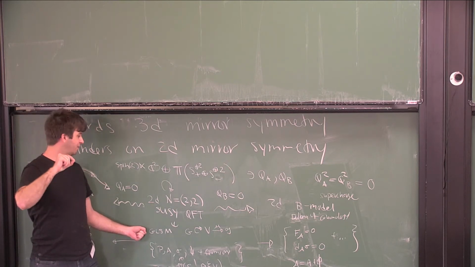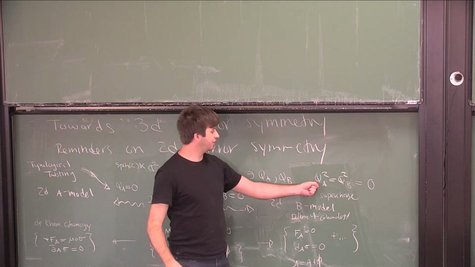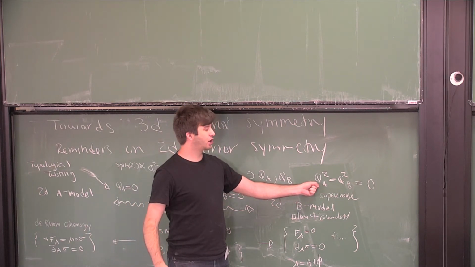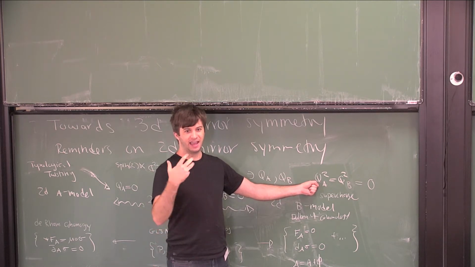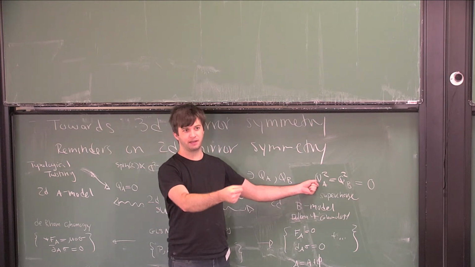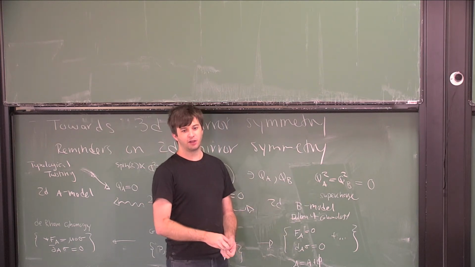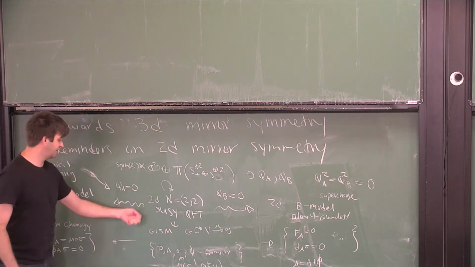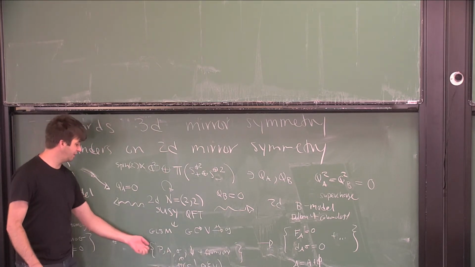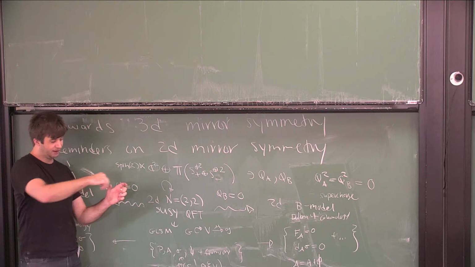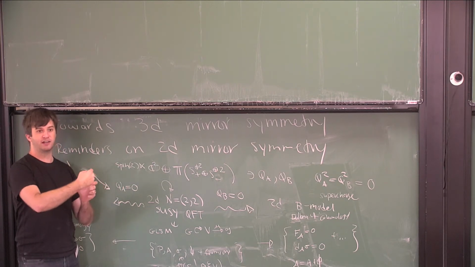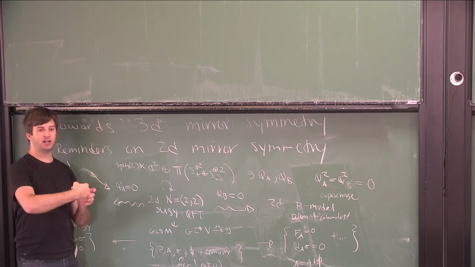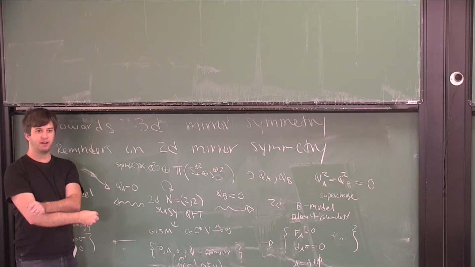The way in which I'm deforming is this: the Q squared condition tells me that I can add a differential to my ring of functions, and then I can take the cohomology of that to get something simpler. So you should think of the fields here as being some kind of manifold with a DG algebra as their ring of functions, and you can add a differential to that DG algebra and take cohomology to simplify.